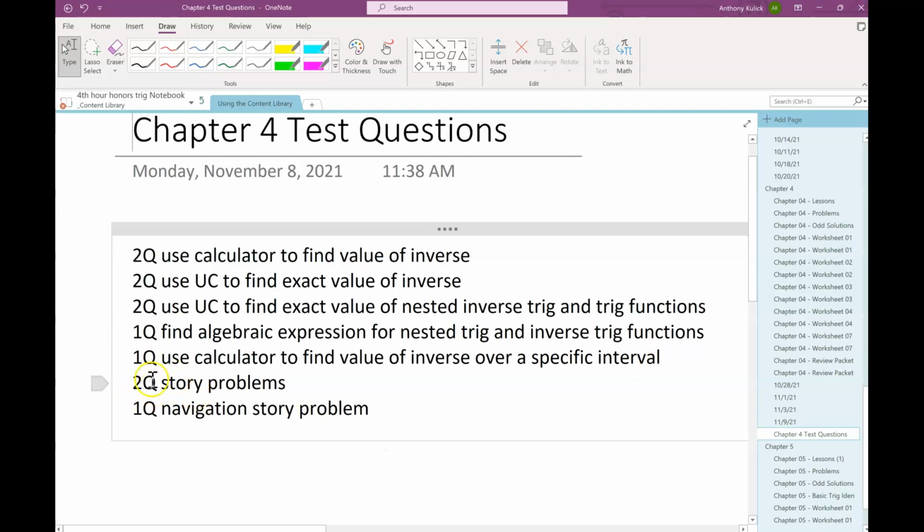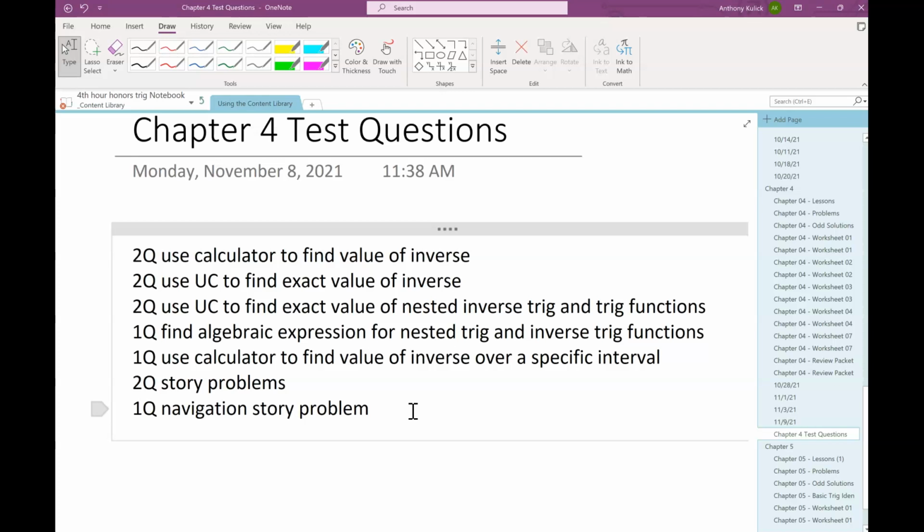2 story problems. Of those story problems, what should you expect to see one of them as? The systems one, right? Where you have to solve the system with the 2 tangent equations. And then I have 1 navigation story problem in addition. That's your bearings. Cool. I broke the navigation story problem into some parts, so hopefully it gives you a little bit of direction on what to do if you get stuck.